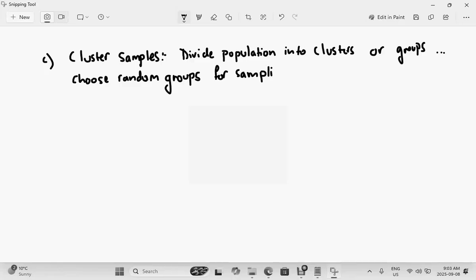So if you have 10 departments, the employer may choose 3 out of those 10. If you've got 10 people in each department, then the total number of people will be 30 for the sample.